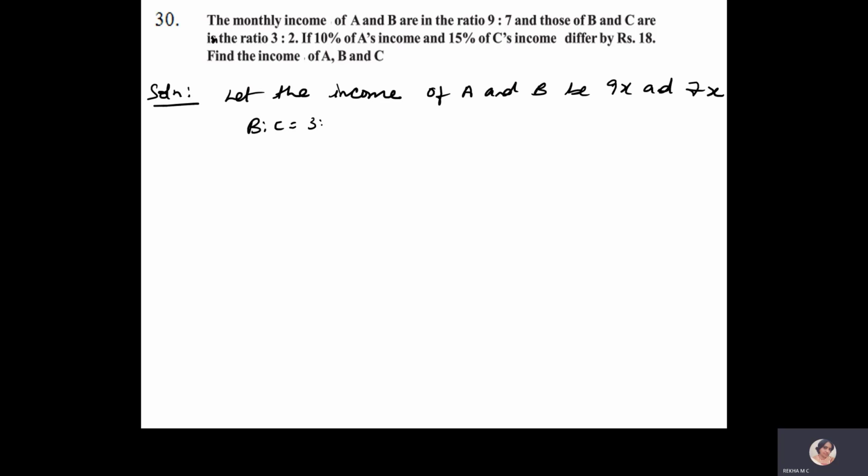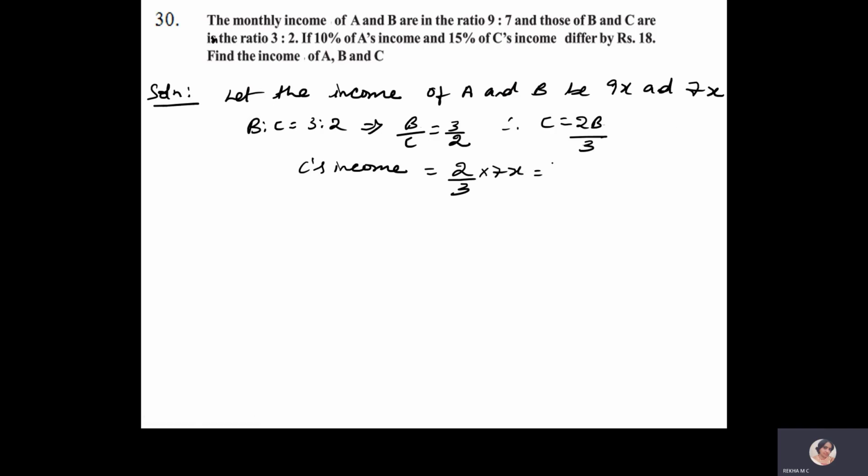B is to C is equal to 3:2 implies B by C is equal to 3/2. So therefore C is equal to 2B divided by 3. So in that case, C's income is equal to 2/3 into B. B is 7x, so it is 14x by 3.